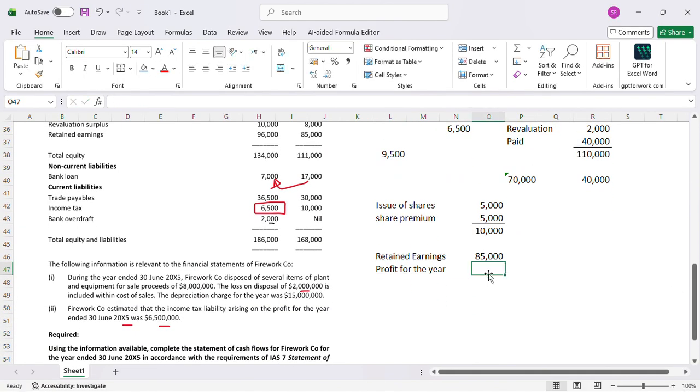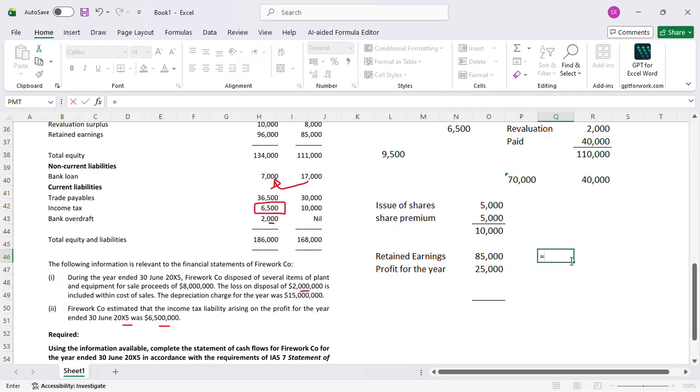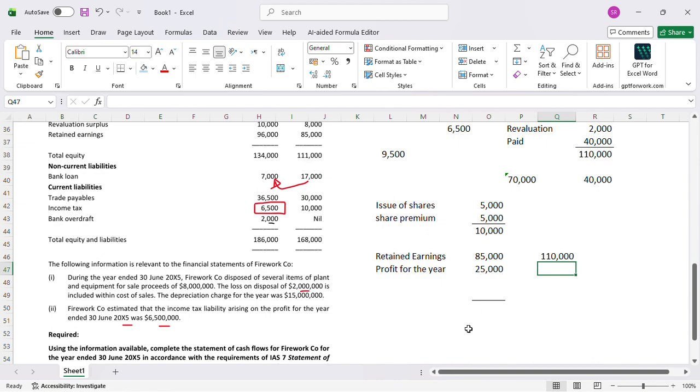So if we add this up, the retained earnings, let's do it here. The retained earnings at the end could be 85,000 plus 25,000, which should be 110,000. However, what do we see?